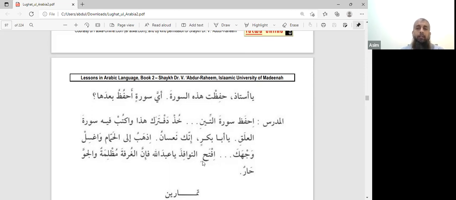We don't really write it in here normally. But of course, you write it here so that we can see the proper way to read it. Okay? So the verb is the command verb iftah. Iftah with a sukoon on the ha.